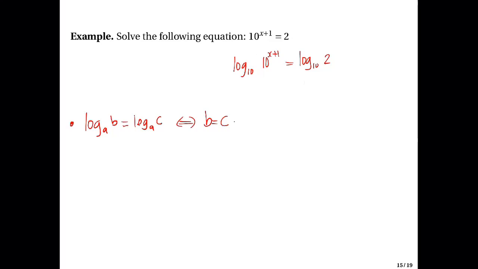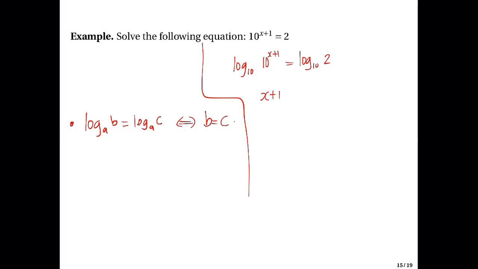But what's the point of using base 10? We have an exponential expression here with base 10. If we use base 10 to log, we know that this 10 here and this 10 here will just cancel each other. Which means that on the left-hand side, this is just x plus 1.